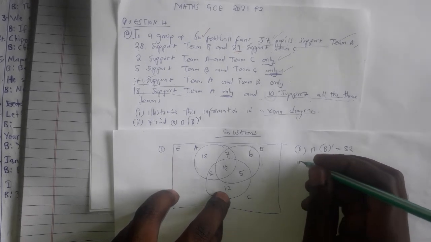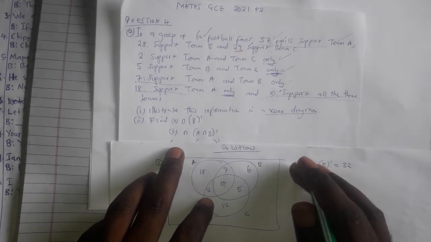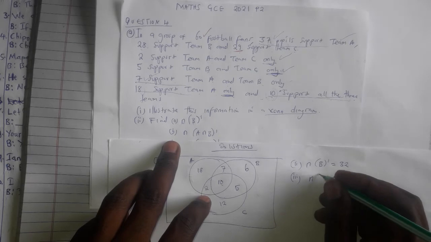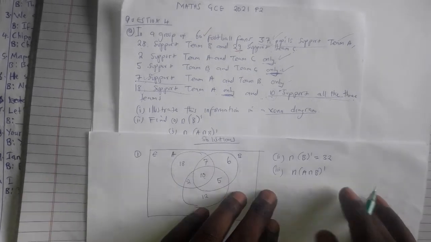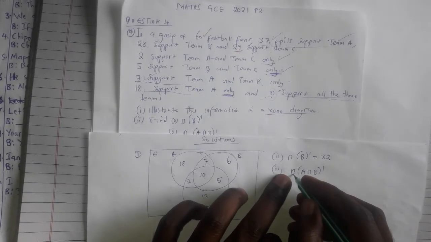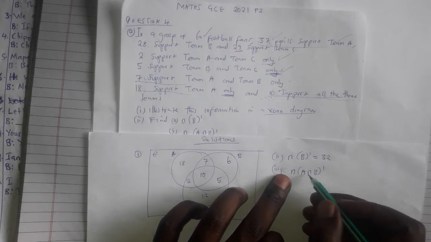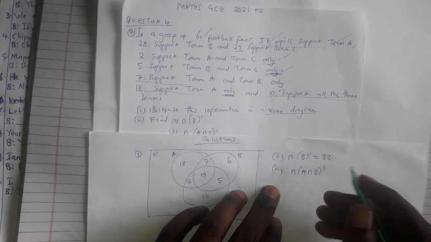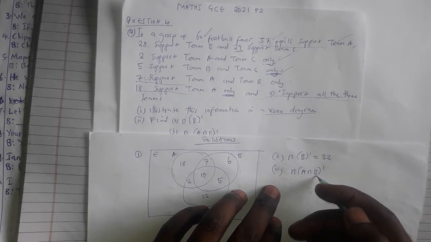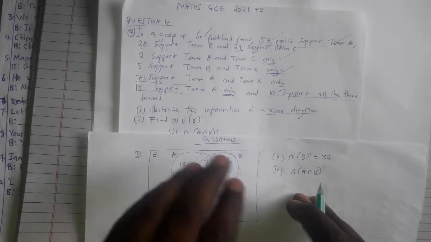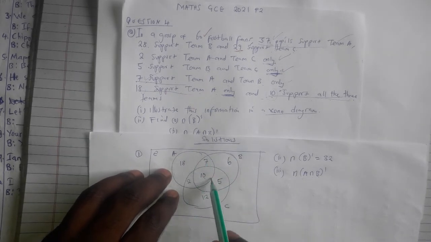Then part 3, the question says find numbers of A intersection B complement. So this n again is for the numbers. So numbers of A intersection B. For A intersection B, we are talking about the elements which are present in the set A as well as in the set B. They are in the two sets, same elements. So A intersection B, it is about this portion here.